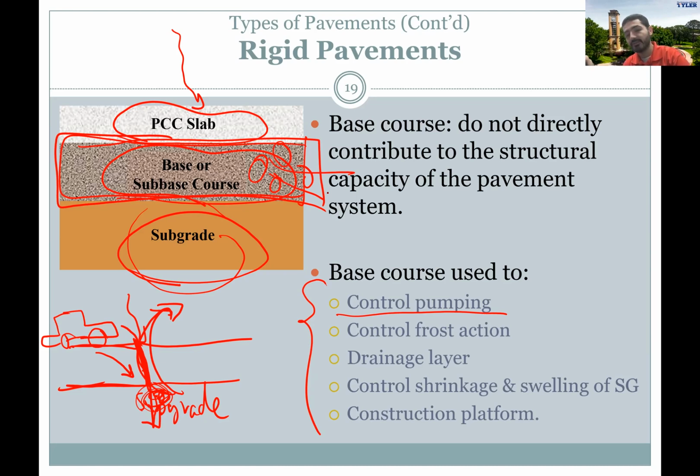It also can control shrinkage and swelling of the subgrade if the soil is really bad and it expands and contracts pretty extremely. Having a base layer can also control that, and also it's a good construction platform.